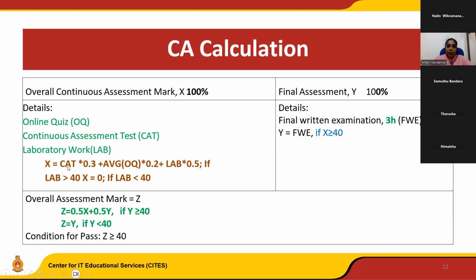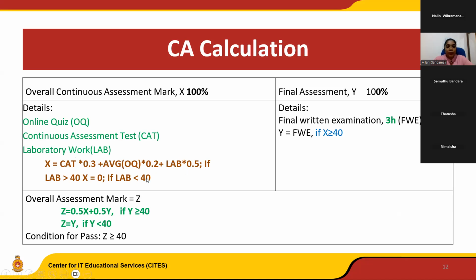This is the formula which we use to calculate continuous assessment marks. That means 30% from the CAT, continuous assessment test, and 20% from average online quizzes. As I told you, you will have 2 online quizzes. And 50% from your laboratory marks.